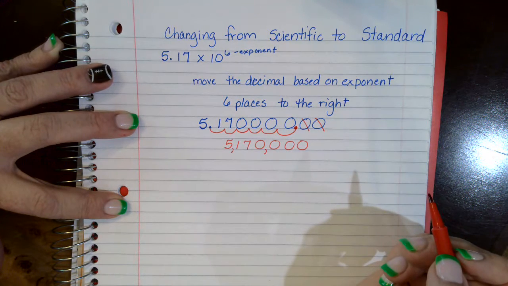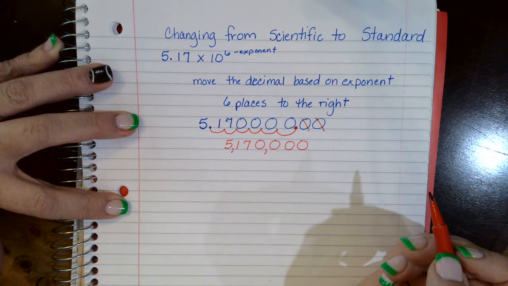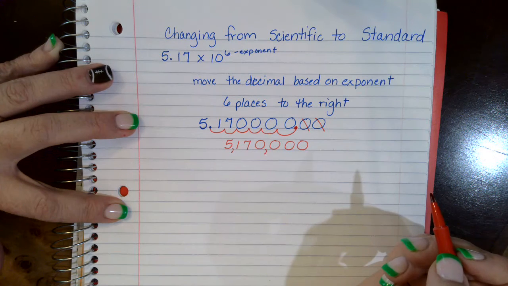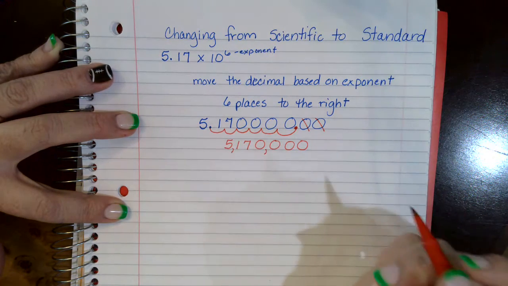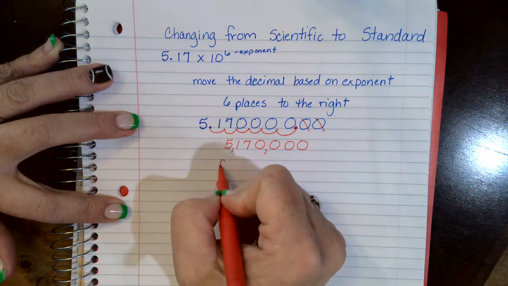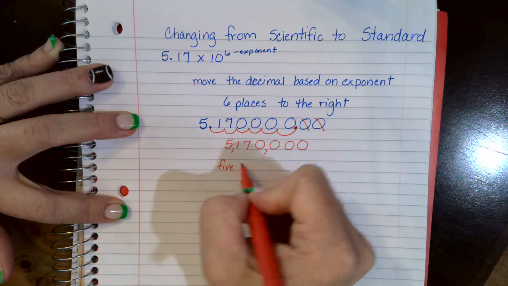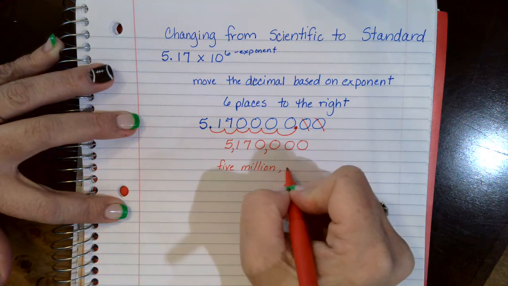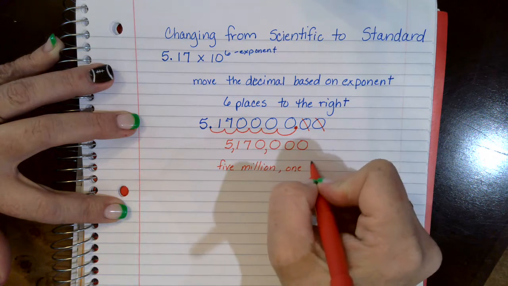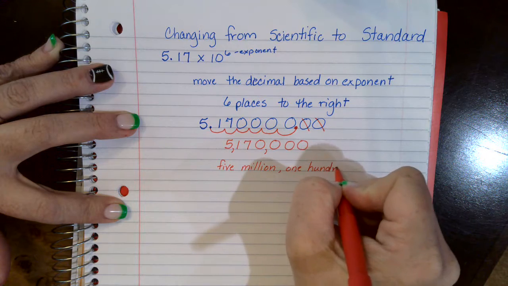This number is read as 5,170,000. The zeros went in all of the spaces to the right to hold the place value.